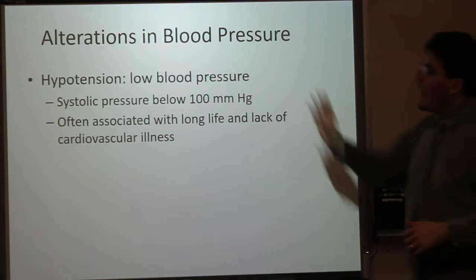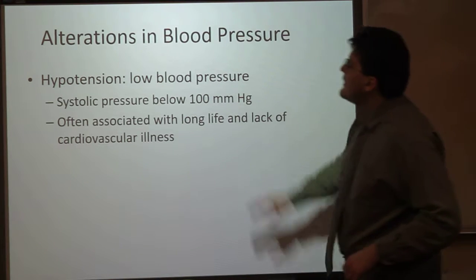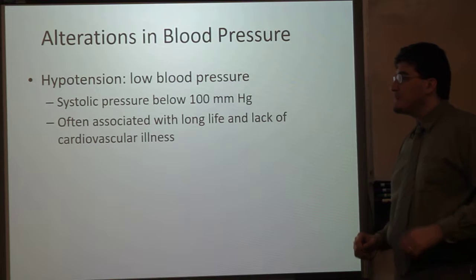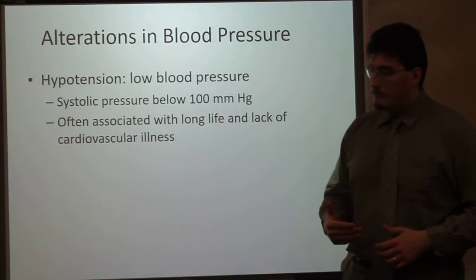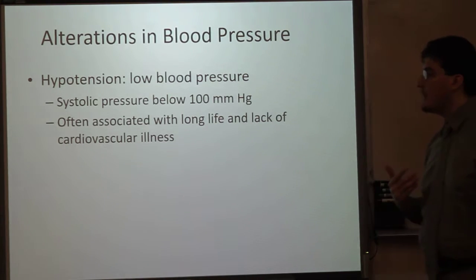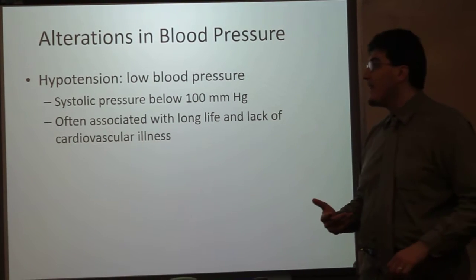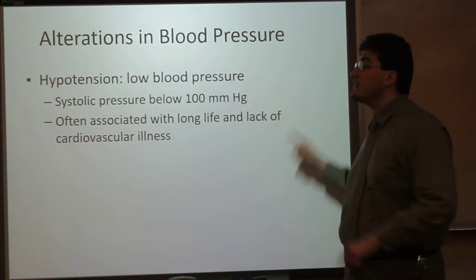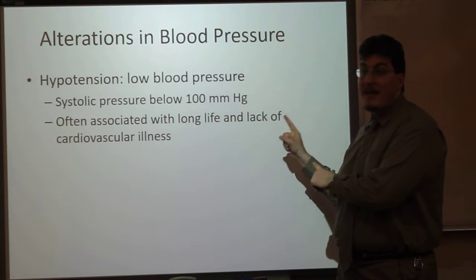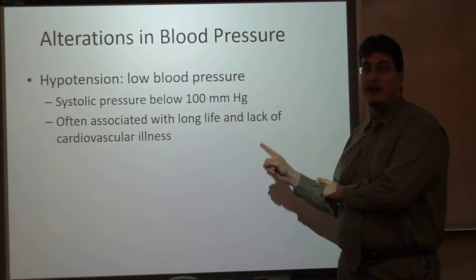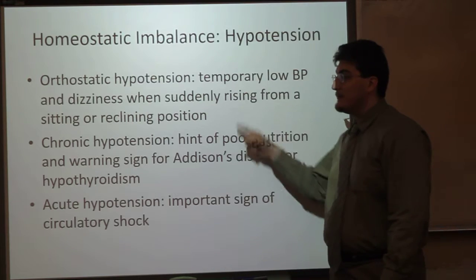So, hypotension, low blood pressure, a systolic pressure below 100 millimeters of mercury, is often associated with a long life and a lack of cardiovascular illness if that low blood pressure is not related to some kind of illness.